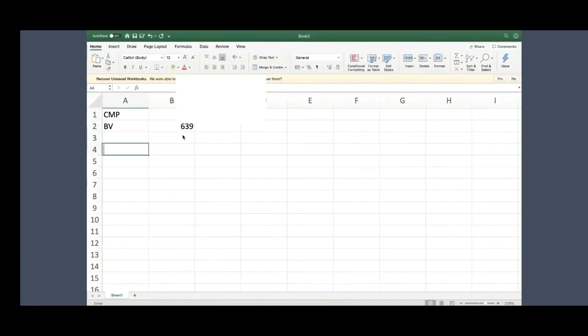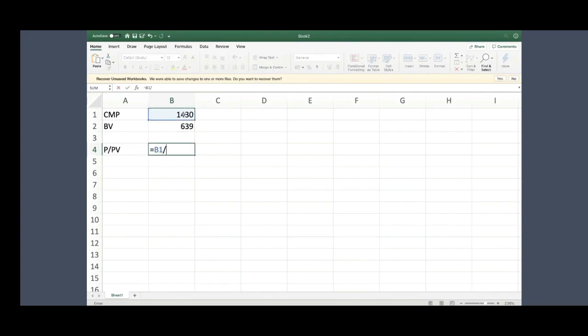So price to book value, if I have to calculate here, we can say that you are giving 2.23 times to buy Reliance at 1430, right?